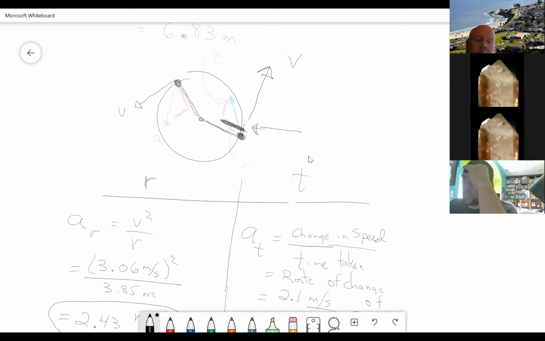And it would always be the case that your radial acceleration is v squared over your radius. Yeah, exactly. v squared over r gives you the radial one. And the tangential one is how your speed is changing. So that could be a big number, a small number. It could have been a negative number, could have been slowing down.